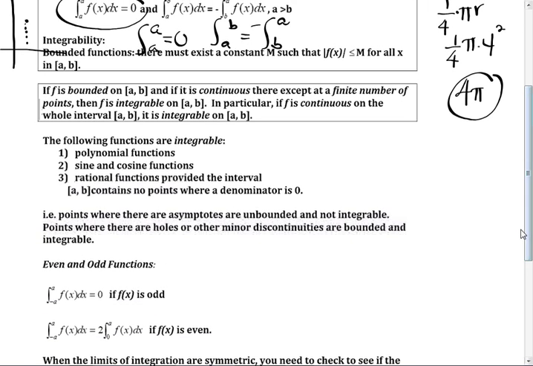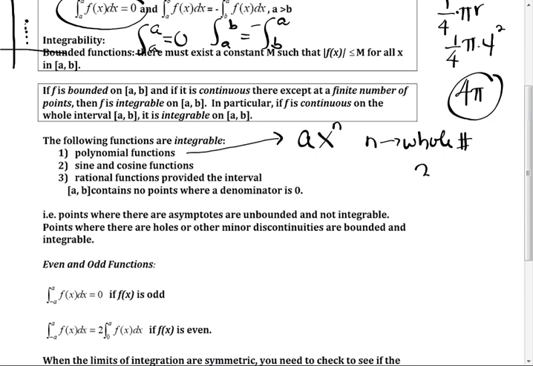And then this talks about whether or not you can integrate. And you can integrate all these functions. Do you remember what a polynomial function is? It looks like ax to the n. These are powers. N has to be a whole number. Cannot be negative, cannot be a fraction, cannot be a decimal. Okay?